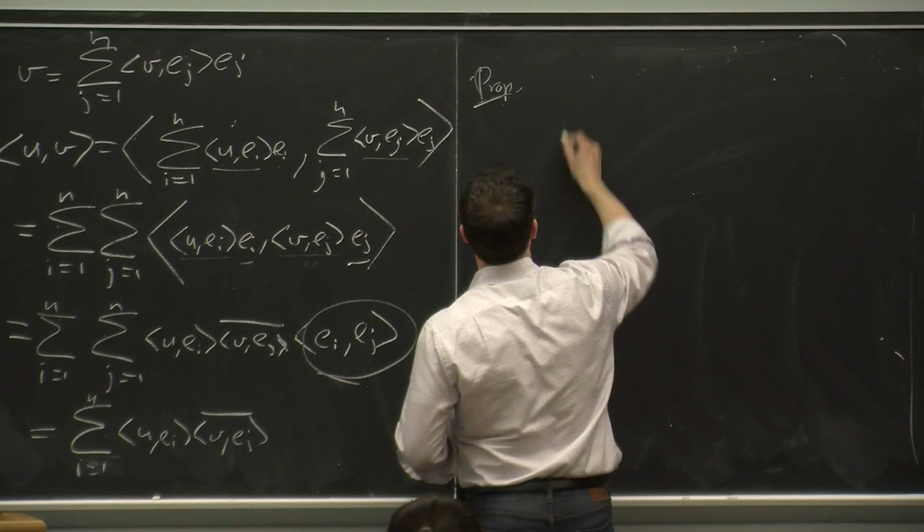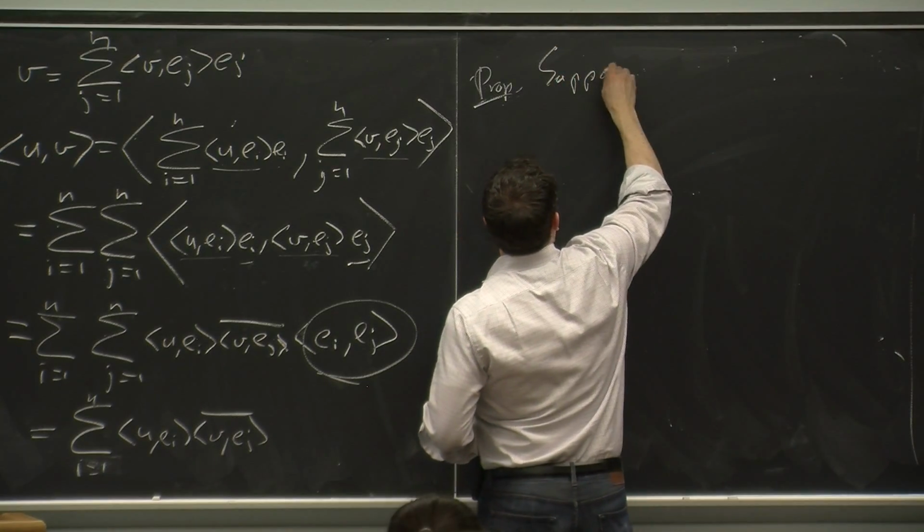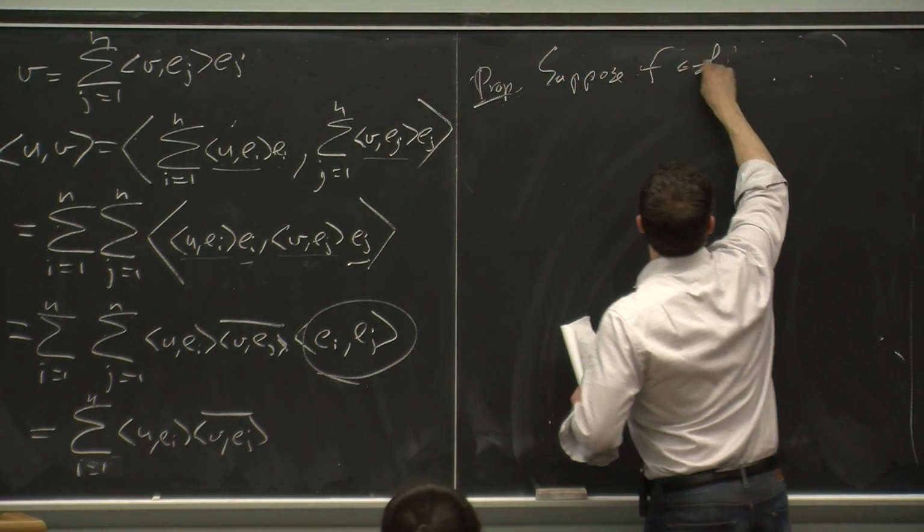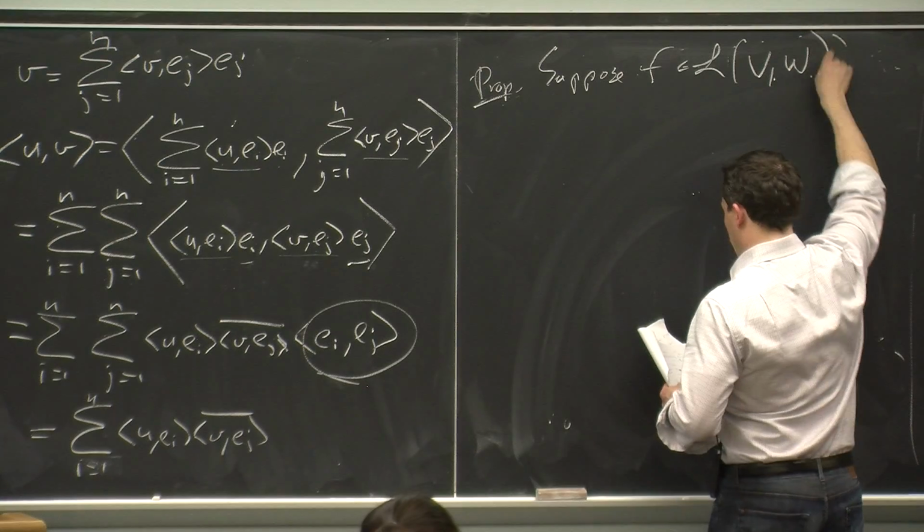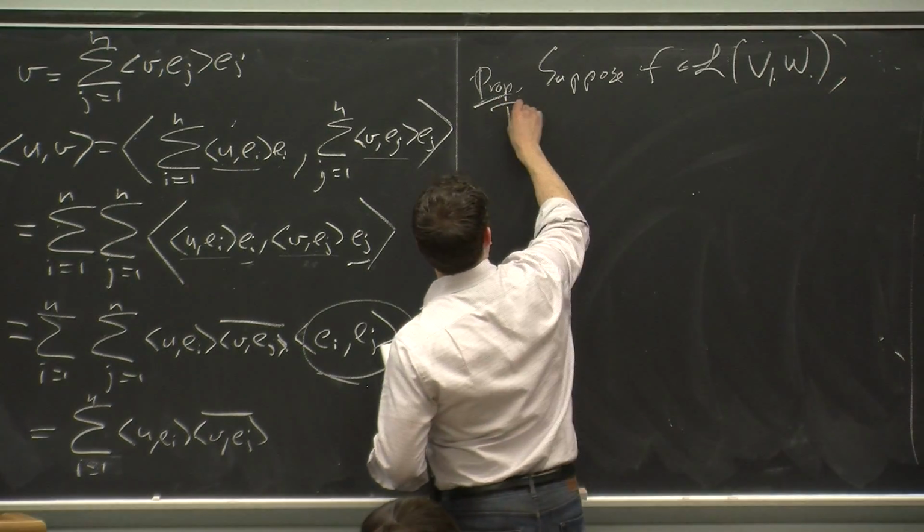So suppose I have a linear transformation F from V to W, and I have two bases.